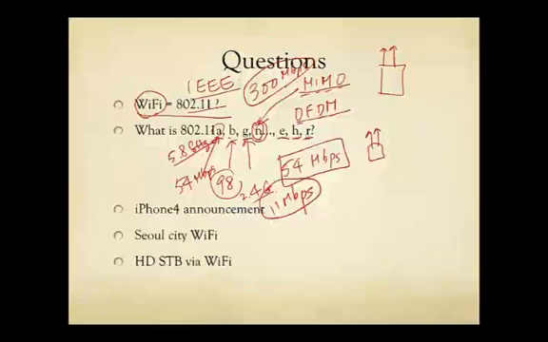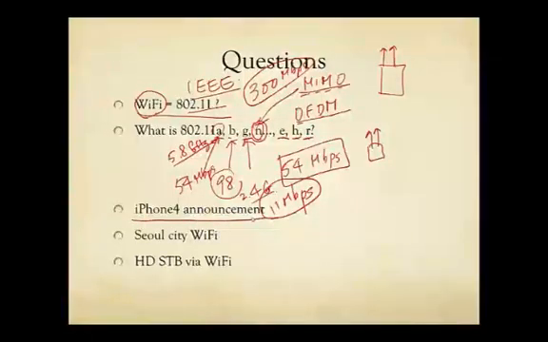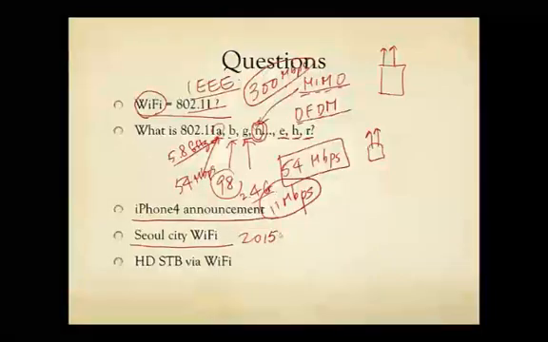Now, there are many interesting stories about Wi-Fi in recent days. For example, when Steve Jobs announced iPhone 4 a couple of years ago, he couldn't get on the Wi-Fi network inside the auditorium. So he had to ask everybody else, please get off the Wi-Fi, and then he was able to get on the Wi-Fi. In the summer of 2011, the Korean government announced that the city of Seoul will be blanketed by Wi-Fi around the year 2015.